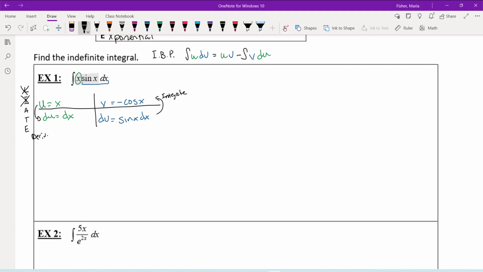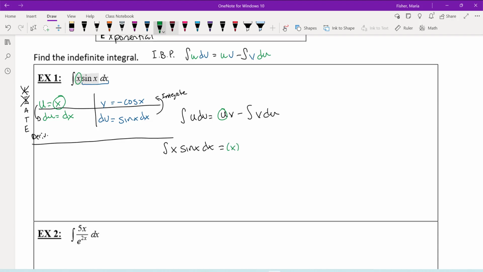Don't forget the formula. The formula says that the indefinite integral of u dv is equal to uv minus the integral of v du, ultraviolet mega voodoo. So in this case, the indefinite integral of x sine of x dx is going to equal u. Well, u is x times v.